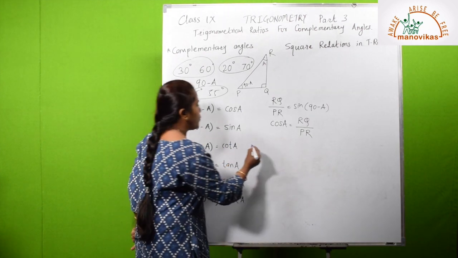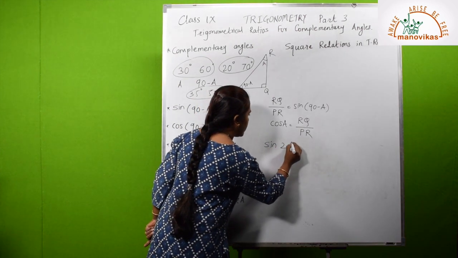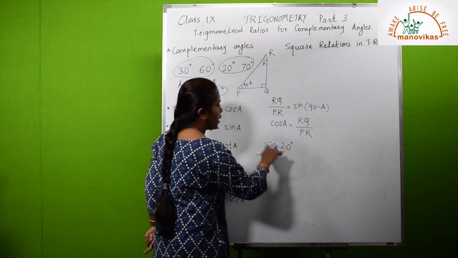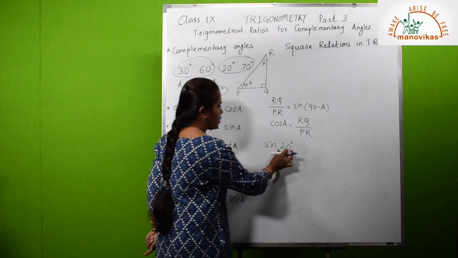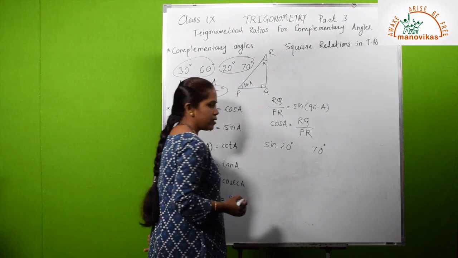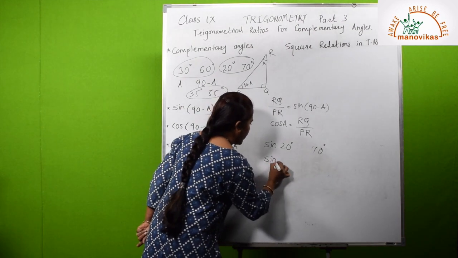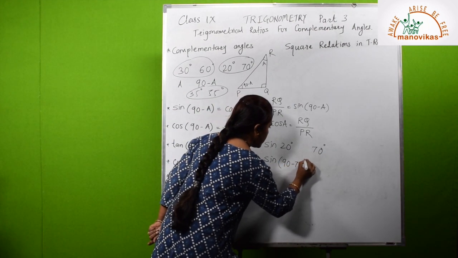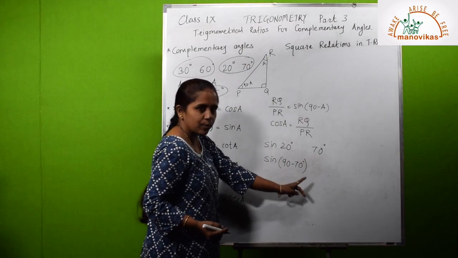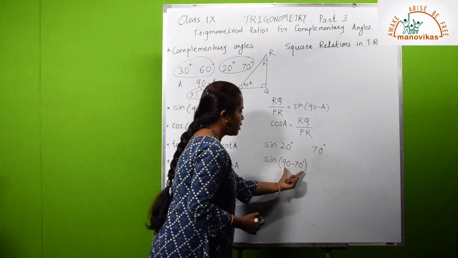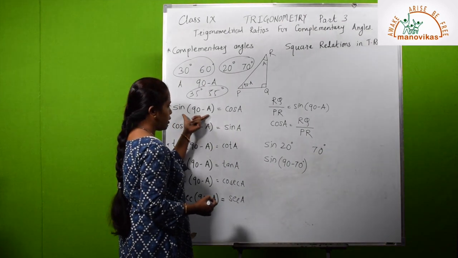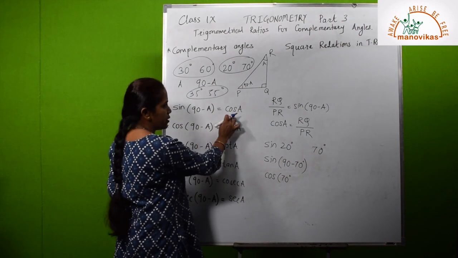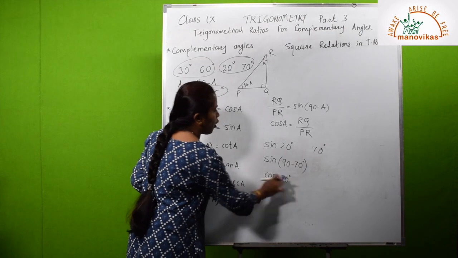For example, suppose we have to write sine 20 degrees. Sine 20 degrees we can write in its complementary angle. Which is the complementary angle for 20 degrees? That is 70 degrees. So sine 20 degrees we can write as sine of 90 minus 70, because 20 is 90 minus 70, and sine 90 minus A we can write as cos A, so we have written cos 70 degrees.